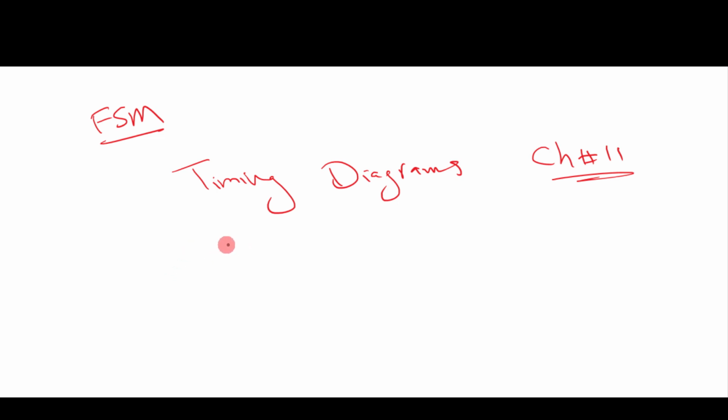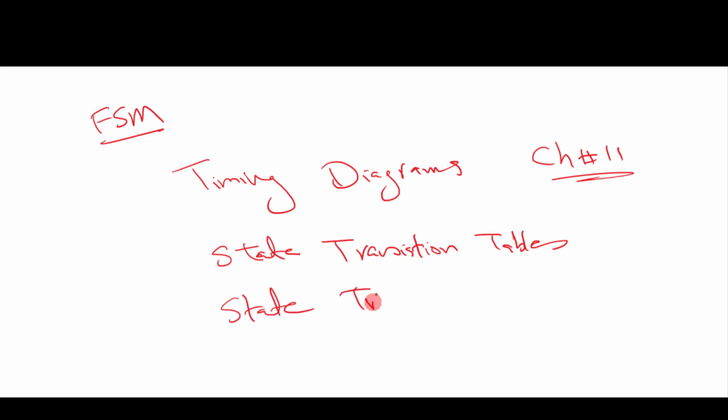Finite state machines can also be represented using state transition tables. They are like truth tables. You will see when we design or analyze a finite state machine, we will use these state transition tables. Similarly, finite state machines can also be represented using state transition graphs, which are known as STG.